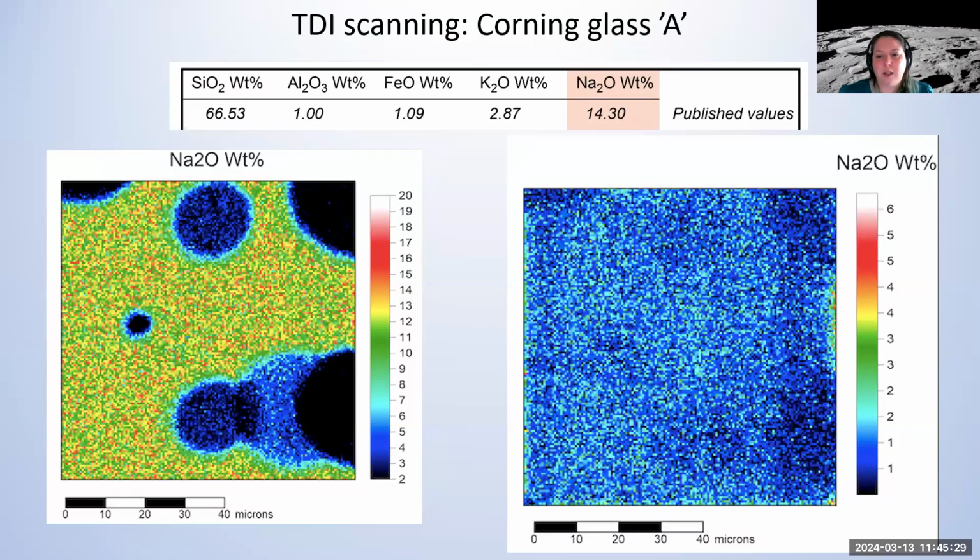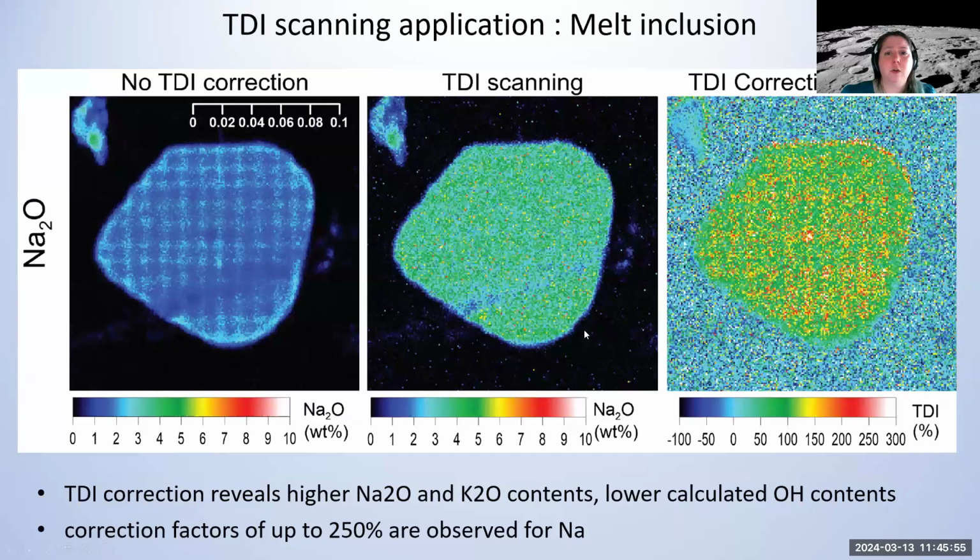I've been using this technique quite a bit to look at melt inclusions, but also grain boundary melt pockets, where you don't always have the option to just widen your beam, with three-dimensional geometries that are not ideal for a round wide beam. So really useful.